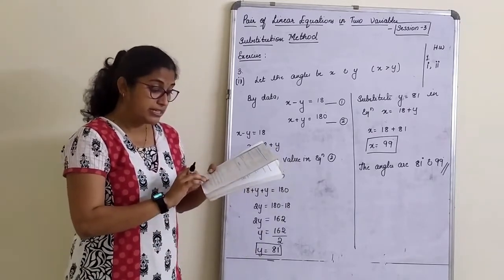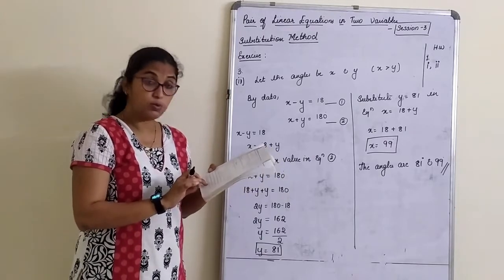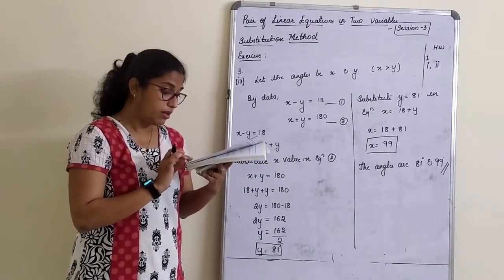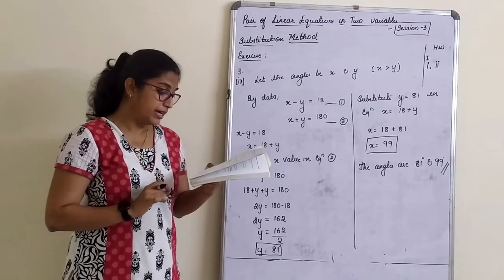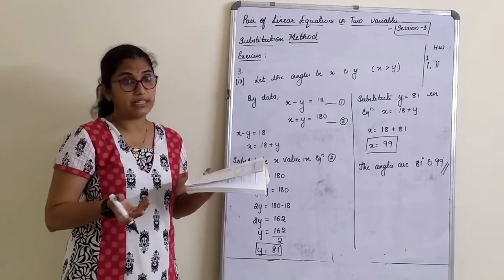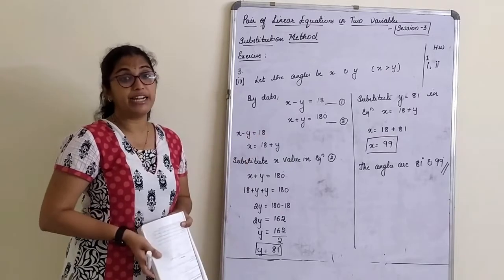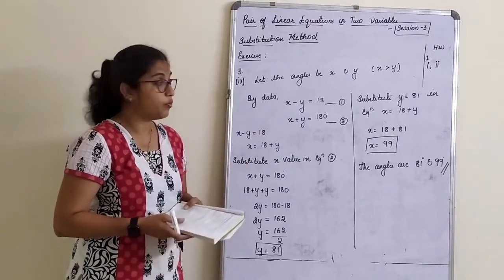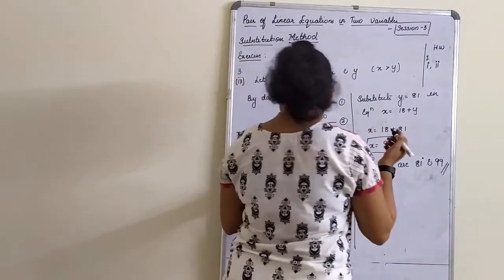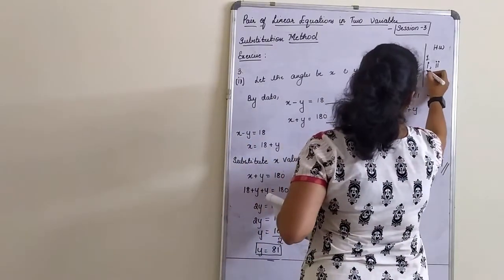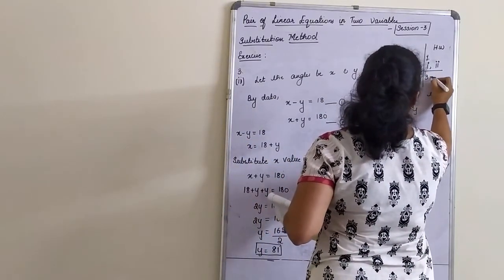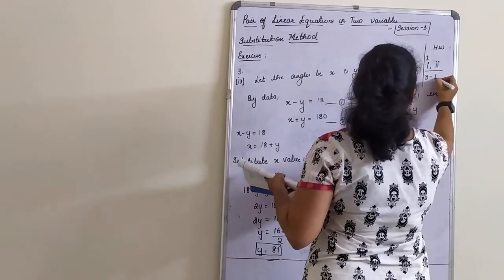Based on that, 7x plus 6y is equal to 3800 and 3x plus 5y is equal to 1750. We can write, then use the substitution method and find the value of each x and y. So third one is for homework.